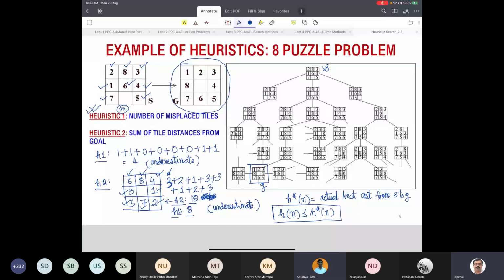If you change the problem, suppose you say that I can swap, then is there any difficulty in solving that problem?